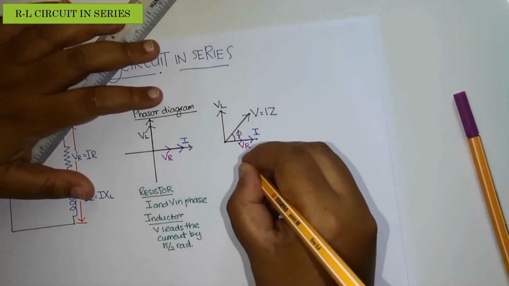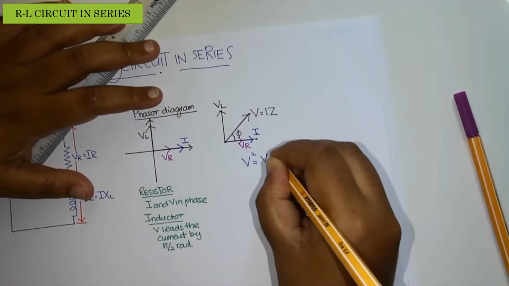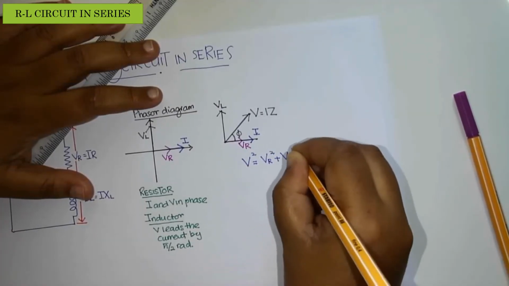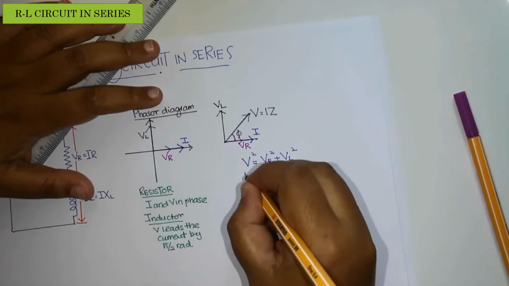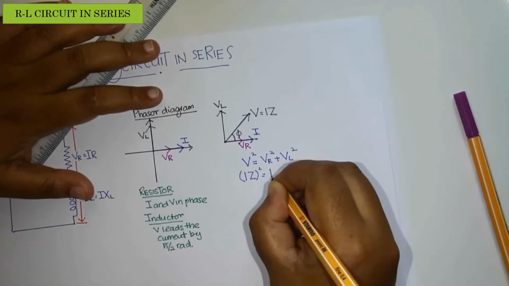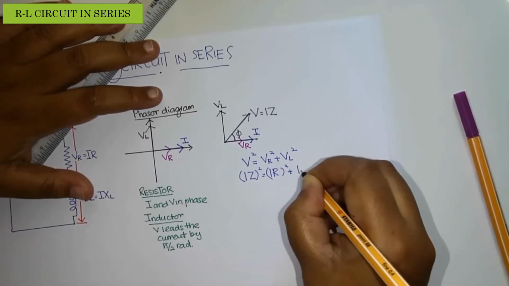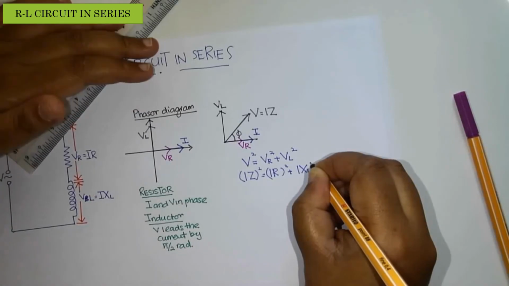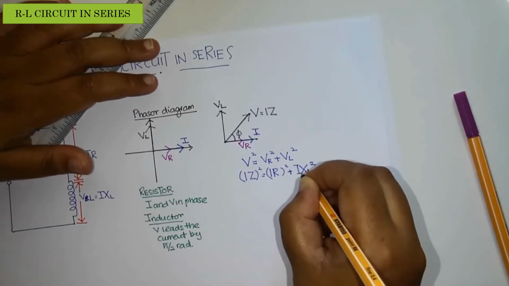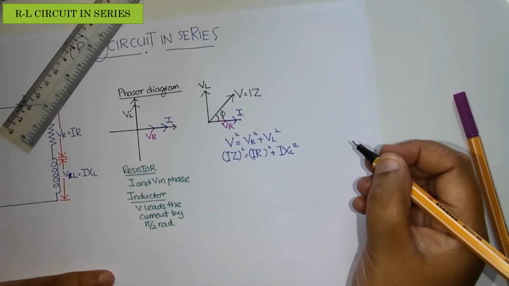V squared equals VR squared plus VL squared. V is IZ, so IZ squared equals IR squared plus IXL squared.